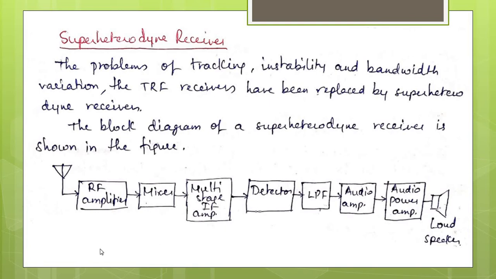This is the basic block diagram. We have an antenna, the RF amplifier, the mixer, multi-stage IF amplifier, a detector, low pass filter, audio amplifier and audio power amplifier, and the output is given to a loudspeaker stage.